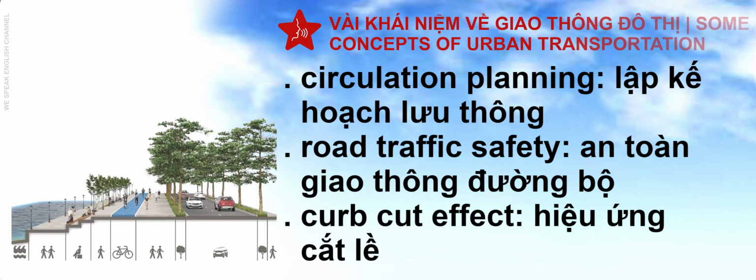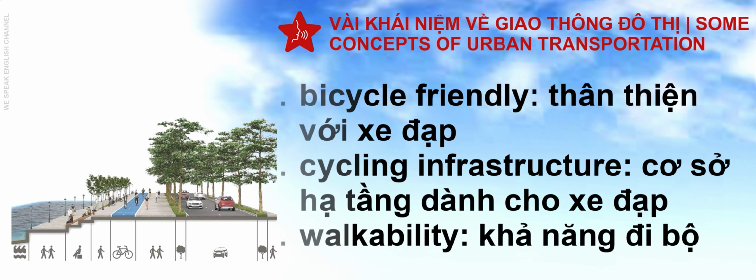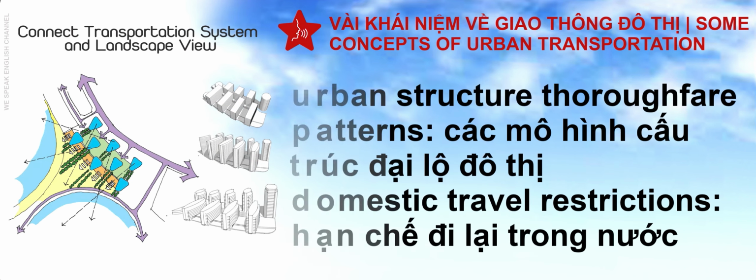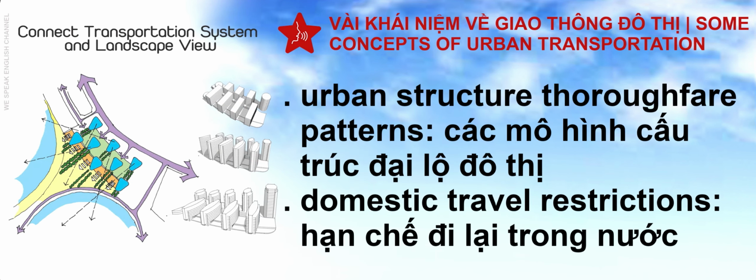Some concepts of urban transportation. Circulation planning. Road traffic safety. Curb cut effect. Bicycle friendly. Cycling infrastructure. Walkability.